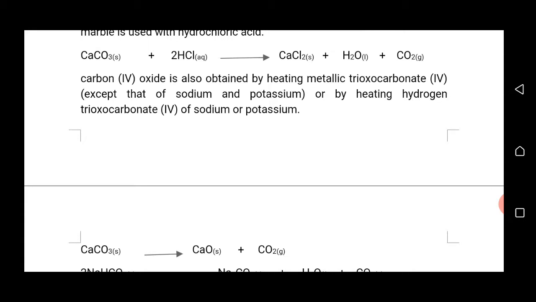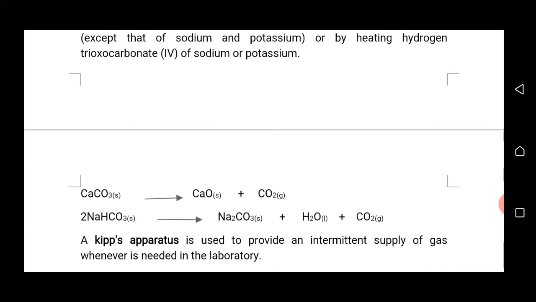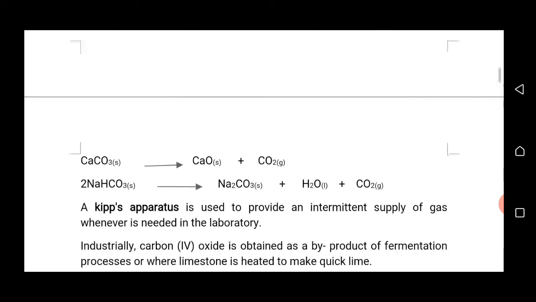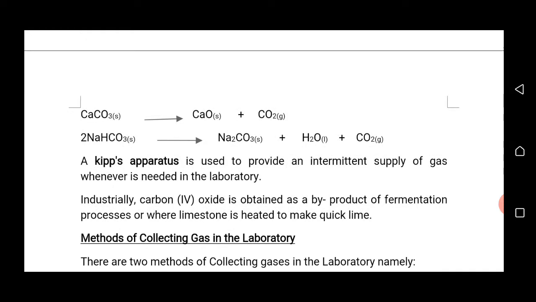Or by heating hydrogen trioxocarbonate 4 of sodium and potassium. When hydrogen trioxocarbonate 4 of sodium or potassium is heated at high temperature, CO2 is also produced in the laboratory.